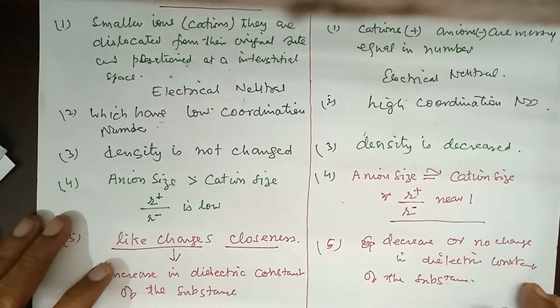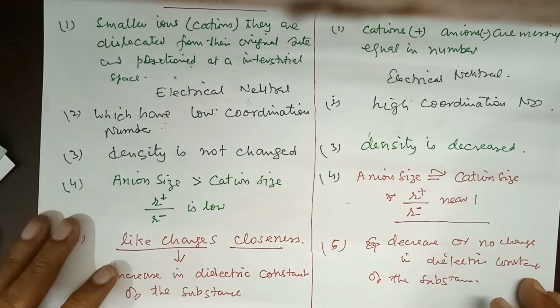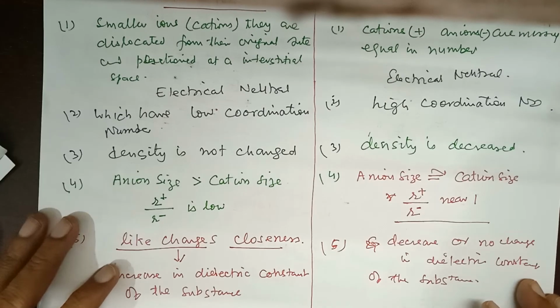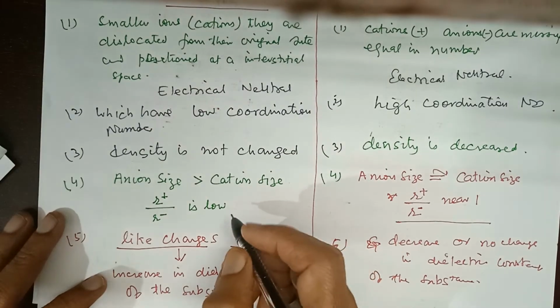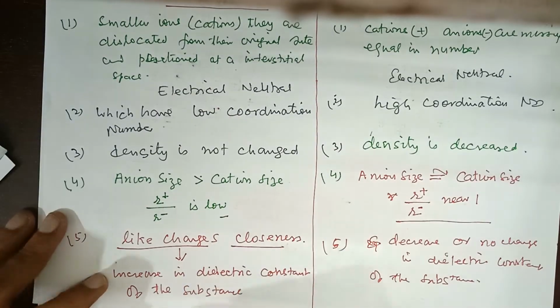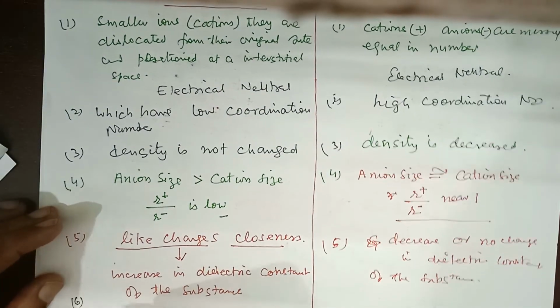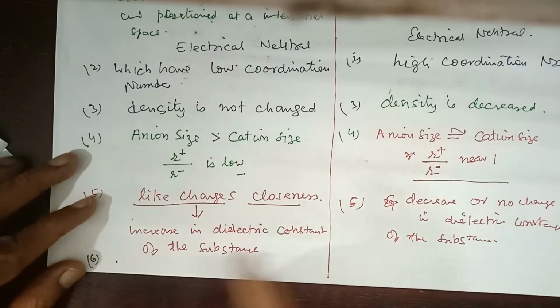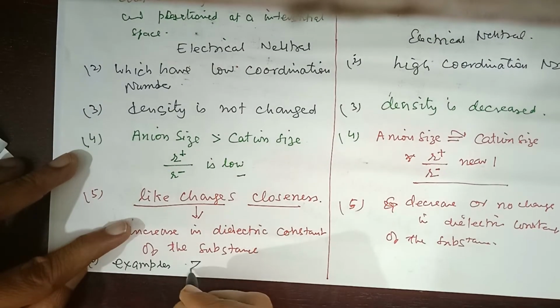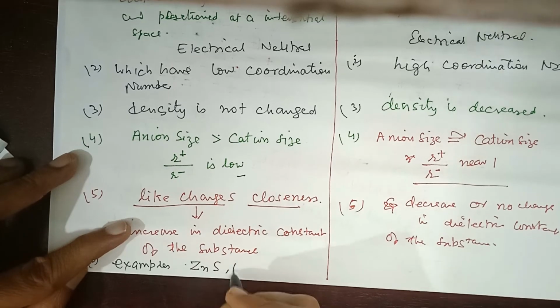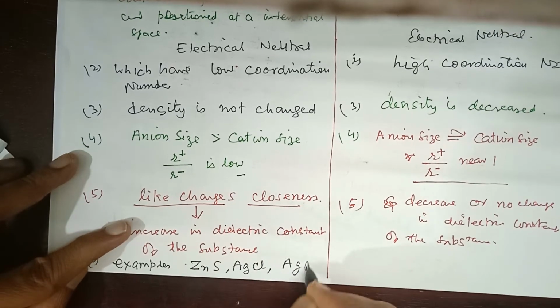Now, for example, examples of Frenkel defect are ZnS, AgCl, AgBr.